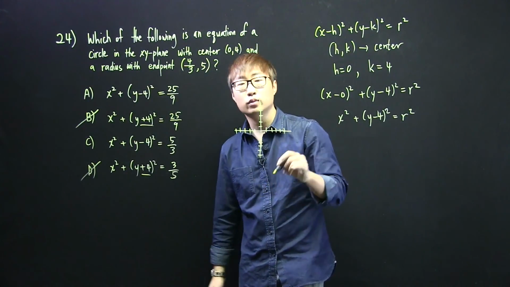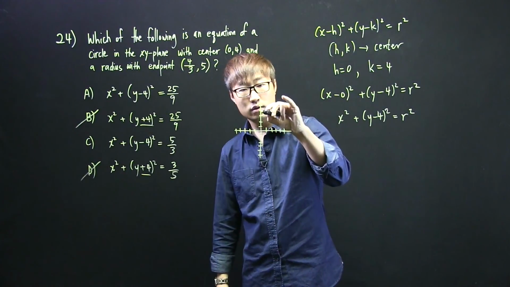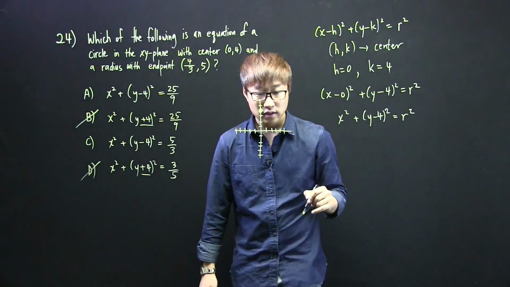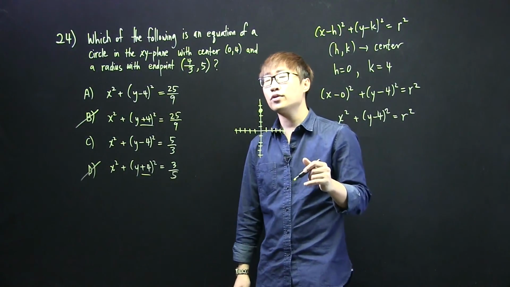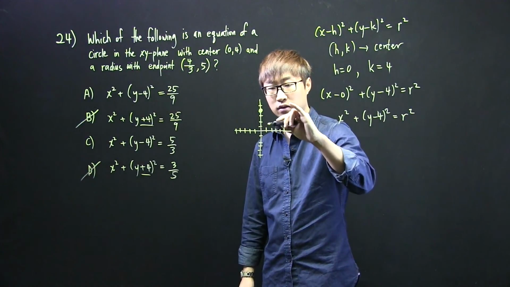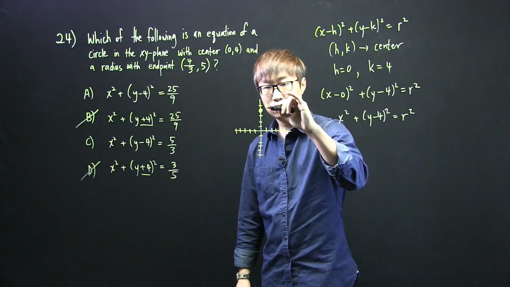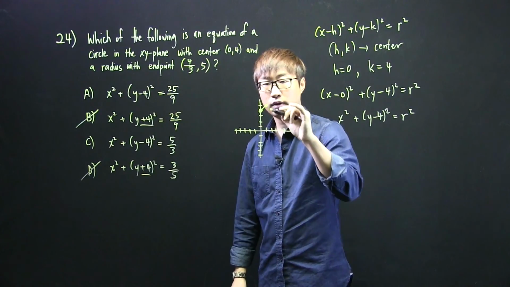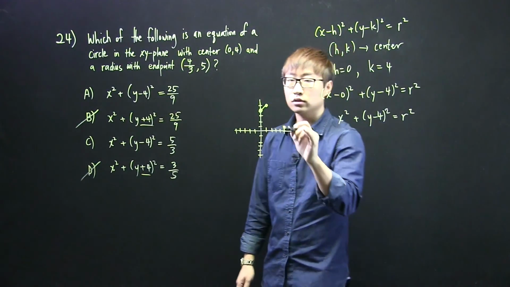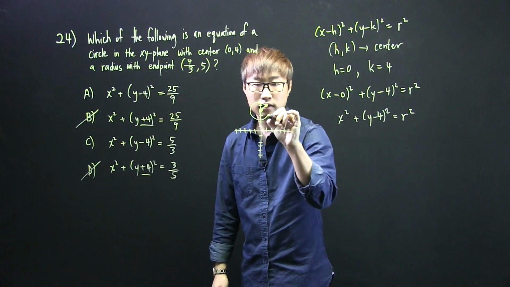So with the center (0, 4) over here, and then endpoint (4/3, 5), 4/3 is like right there, and 5 is like right there. So that's my radius, and then the circle should look something like that, right?